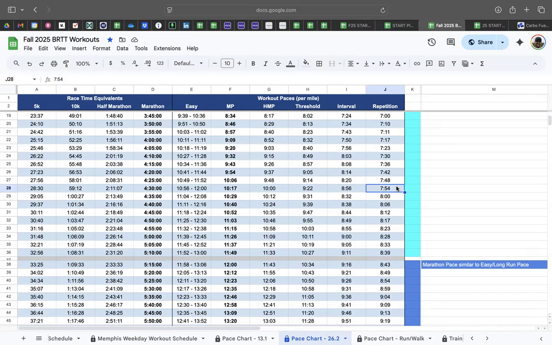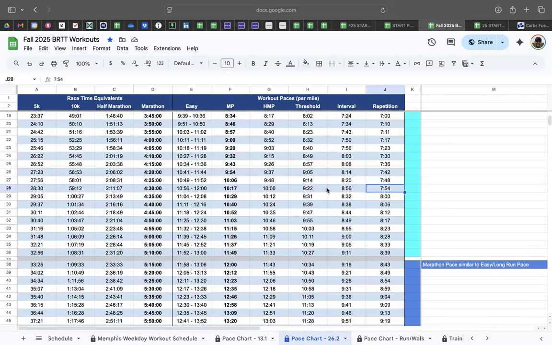But these give you ballparks of what those paces would be. Interval pace is something that you could do for, say, 10 to 15 minutes consecutively in a race environment. And then repetition pace is something that's more in the general ballpark of your mile pace. So when you're looking to run strides, repetition pace could be a good benchmark for what to try to average your strides around. And so that's this general framework for how these work.